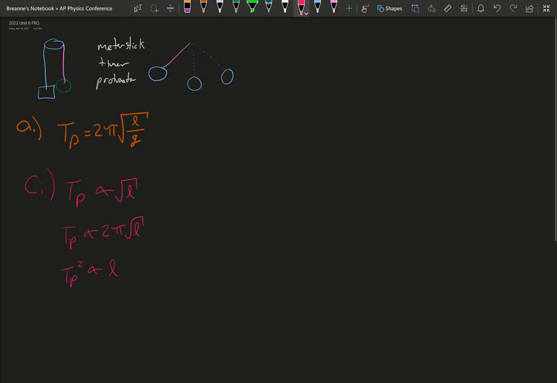So again, C double I goes back to this equation here. Our period for the pendulum is 2 pi square root of L over g, and you're trying to manipulate it to get the slope, which is m.